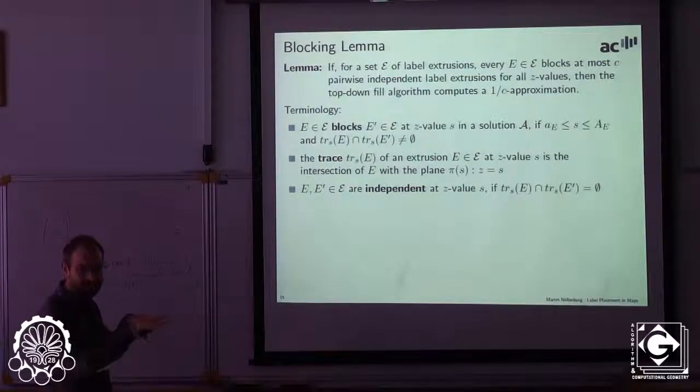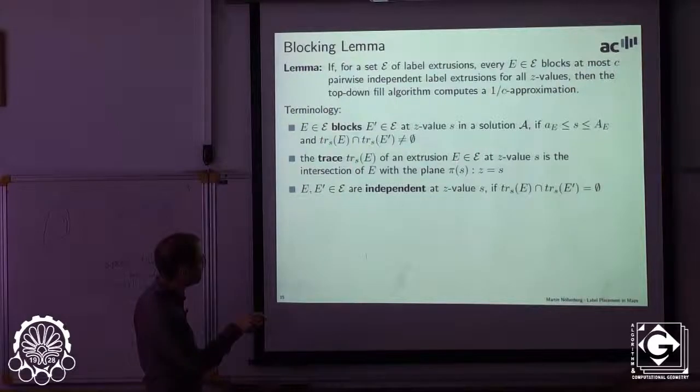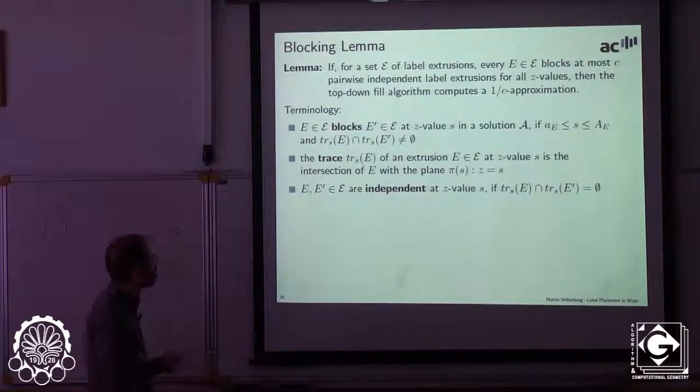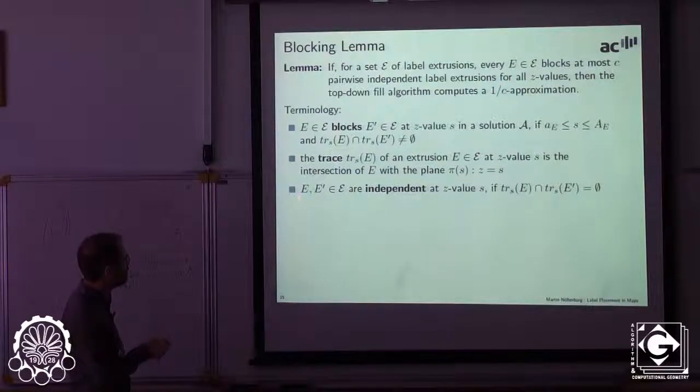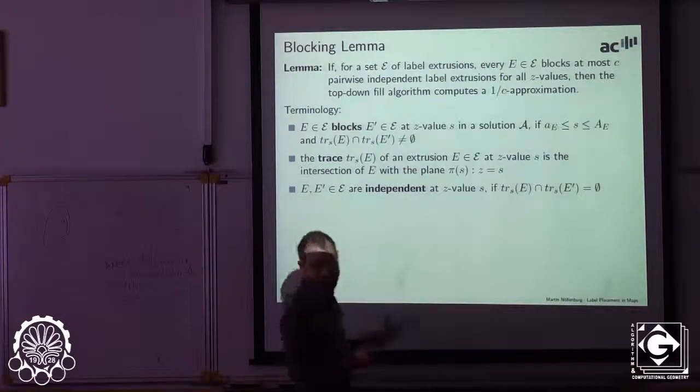So basically at that particular scale that you selected, the two labels would intersect. This trace is simply just taking the pyramid and taking a slice at a particular scale. And we say that two labels or extrusions are independent at a certain Z value if their traces have empty intersection.